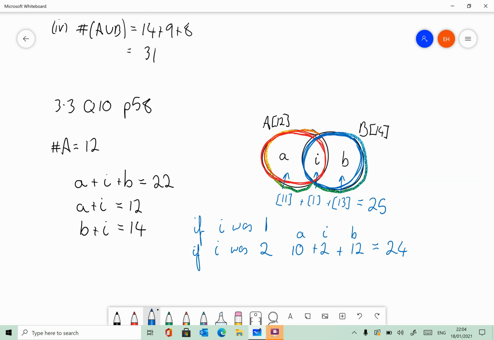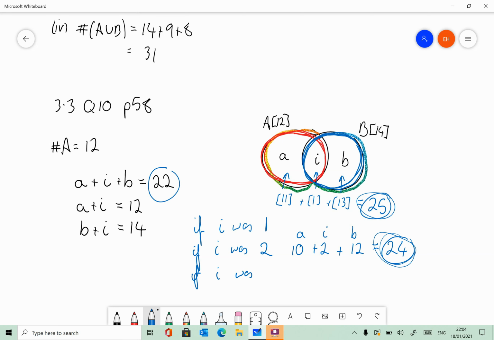So for every one that I make I bigger, this total gets reduced by 1. So I need to reduce this total here by another 2 to get it down from 24 to 22. So for every one I increase it by, it makes this figure over here go smaller by 1.